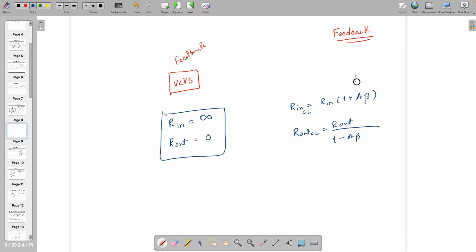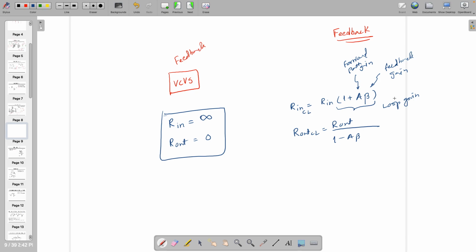By the way, A beta is the forward path gain, and beta is the feedback gain, and 1 plus A beta is the loop gain. Note that A beta is much higher than 1, so it is multiplied or divided by A beta accordingly.